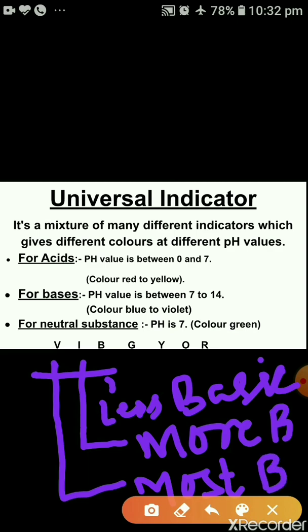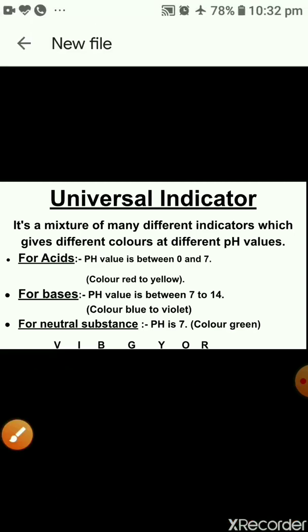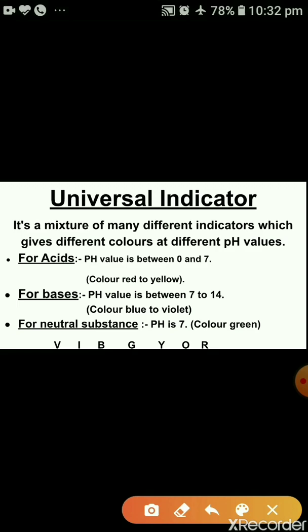So the darker the shade, the stronger the base. In the same way, if we start from yellow on this side, it will be less acidic.